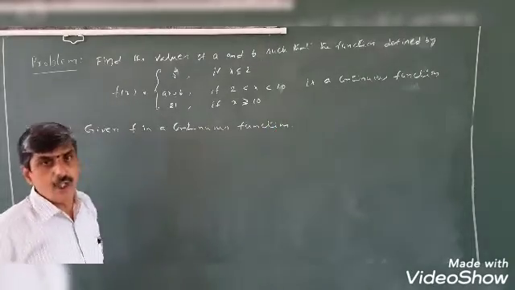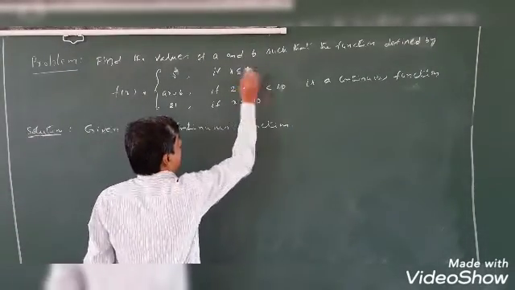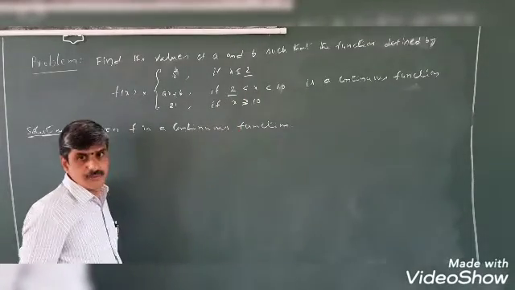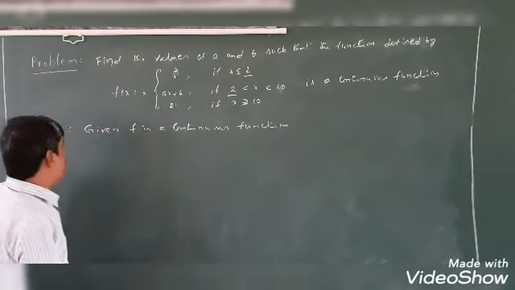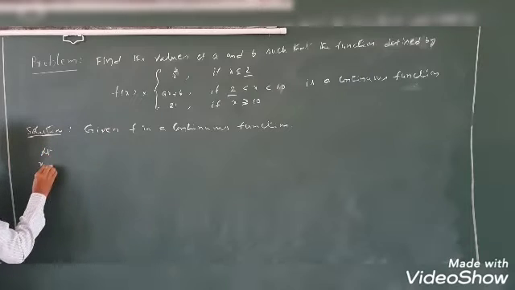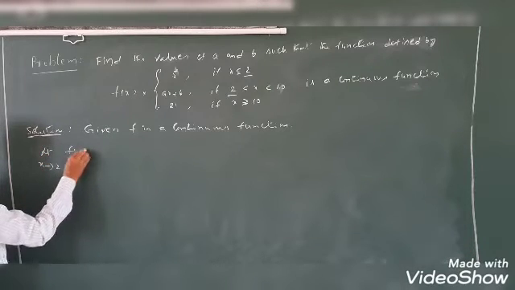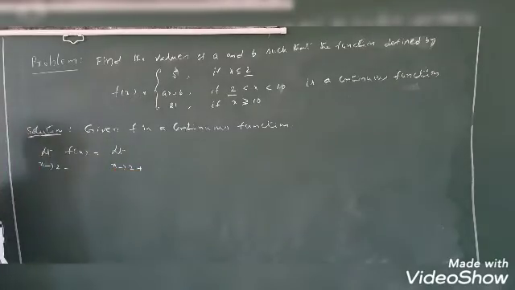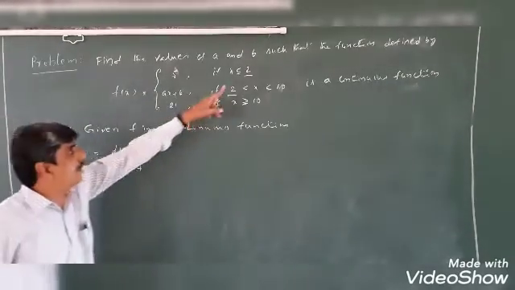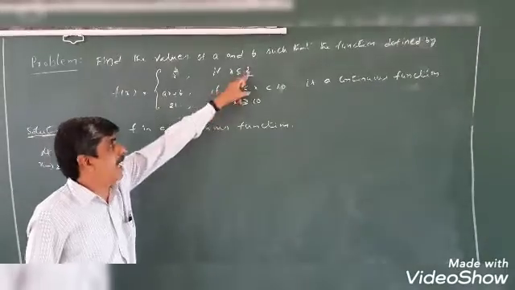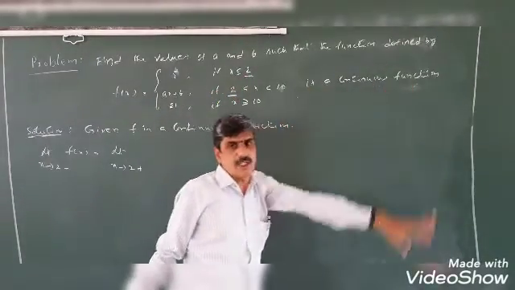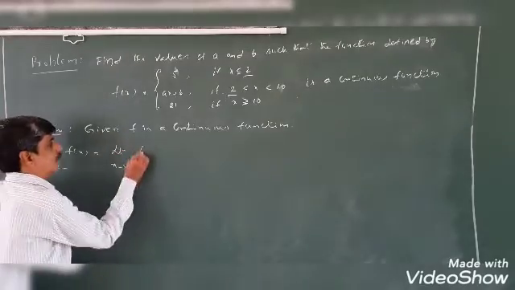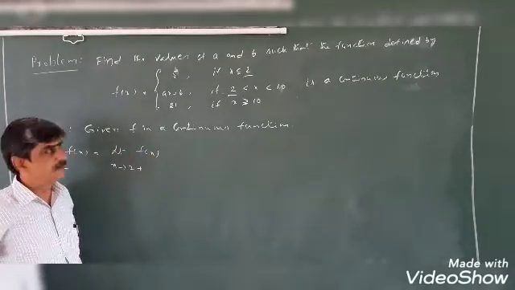So here two breaking points are there: x less than or equal to 2 and x greater than 2. So limit x tends to 2 minus f of x is equal to limit x tends to 2 plus. This is one breaking point. At this breaking point, the function is continuous means the left limit value and right limit value are both equal.